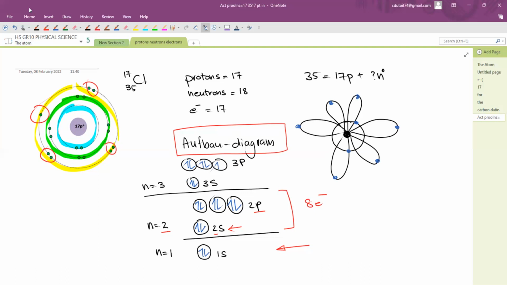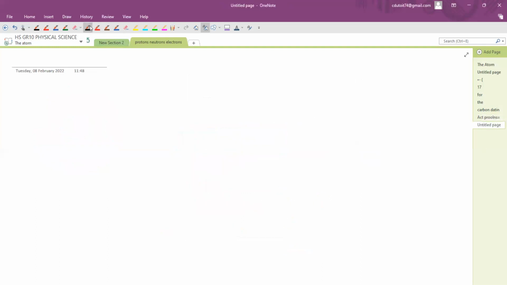Let's do 1 more. Right. So I'm just going to say nitrogen. Nitrogen is number 7 on your periodic table. Let's just draw an Aufbau diagram. So it's got 7 electrons. Is that correct? Yes.